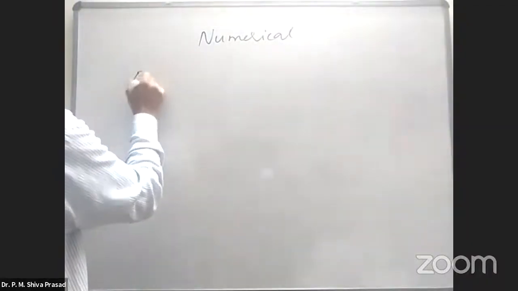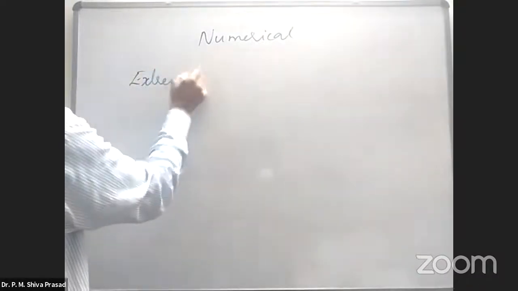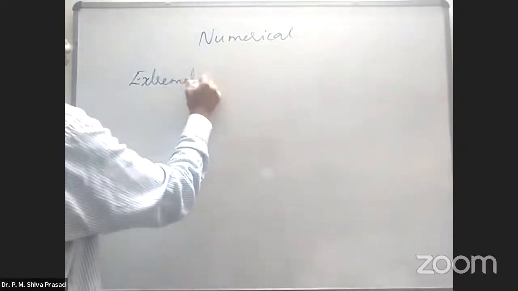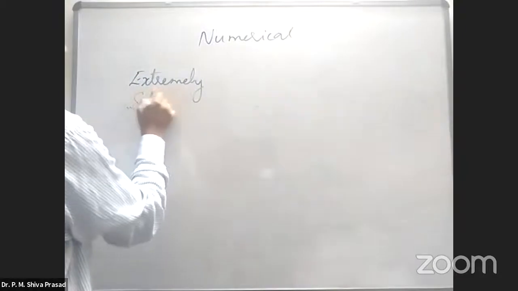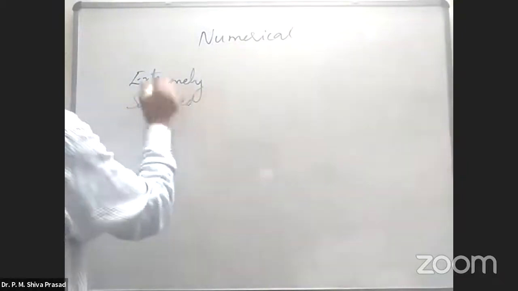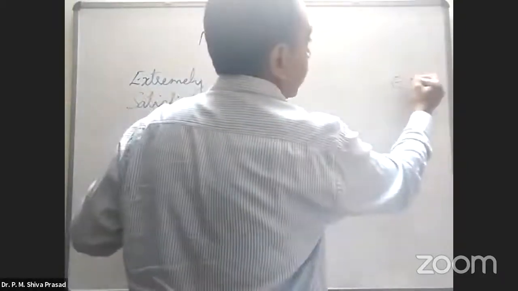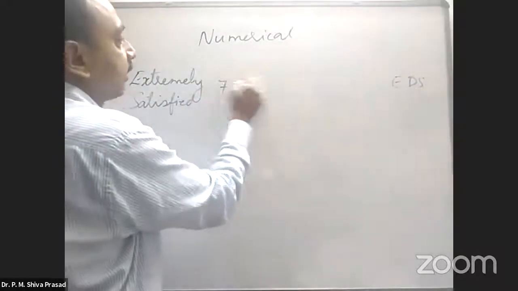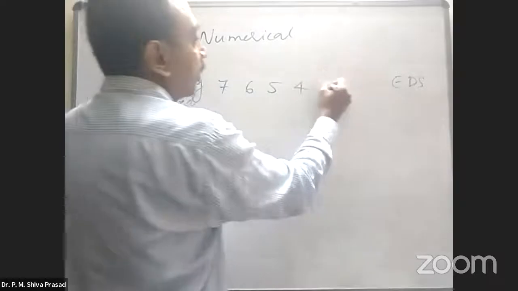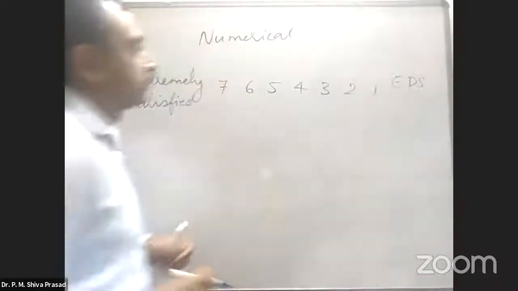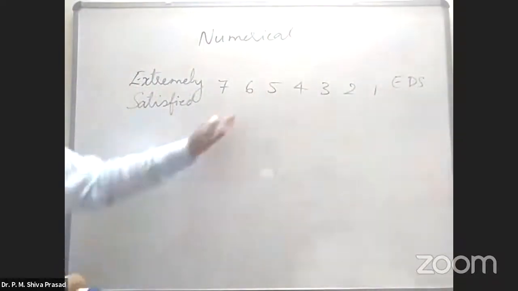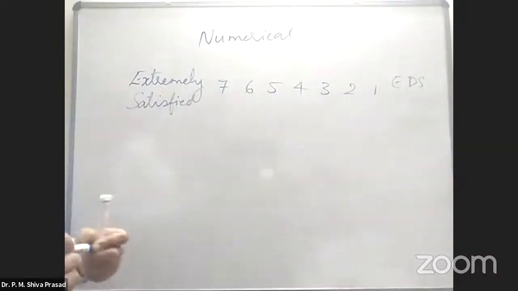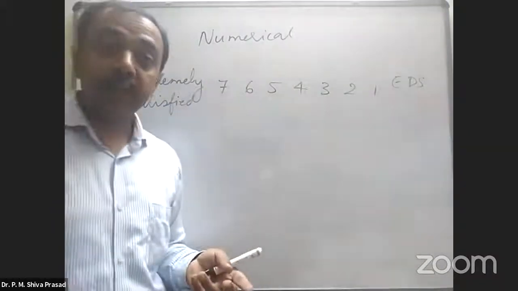Say, for example, we will write extremely satisfied, and here extremely dissatisfied. We will have numbers in between: 7, 6, 5, 4, 3, 2, 1. So numbers are given so that it becomes even more convenient.